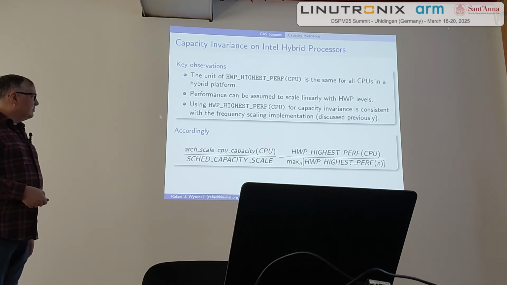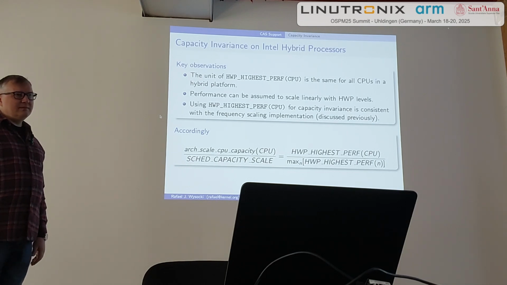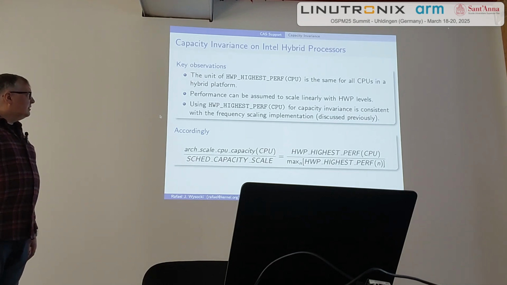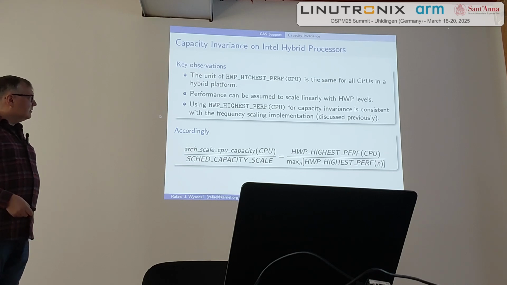So we get the maximum highest performance of all CPUs, and then we use that to scale everyone's performance, and that's it. We get all the information we need from HWP and from Intel P-State in the form of the scaling CPU, and then we can compute all of that and use it.